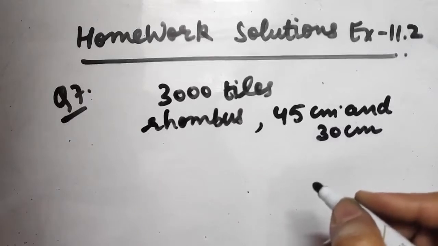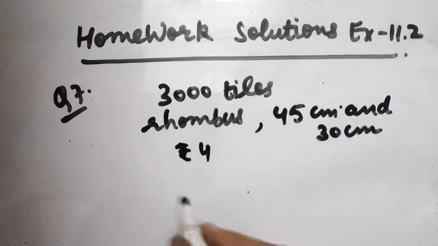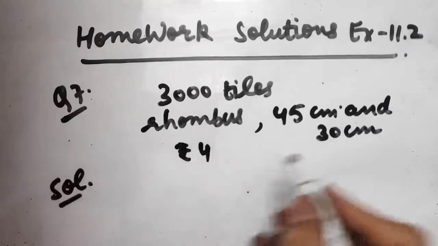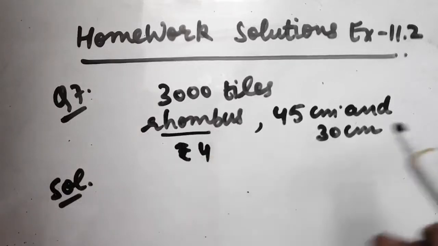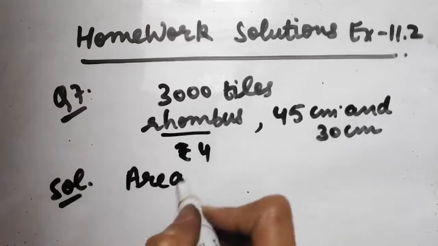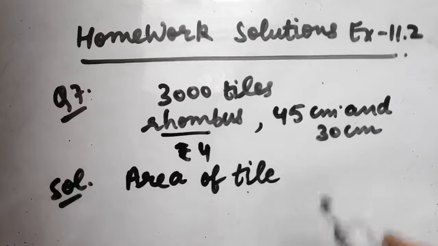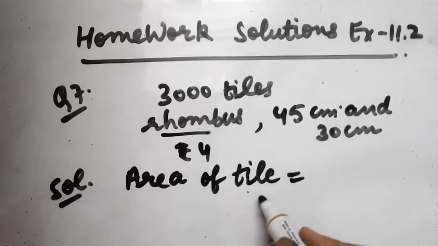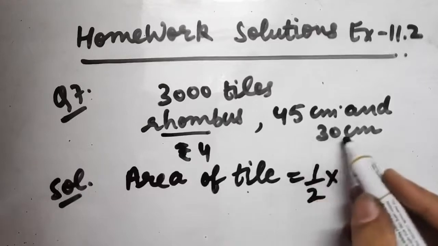Find the total cost of polishing the floor if the cost per meter square is rupees 4. So this is all what we have been given in the question. As the tile is in the shape of rhombus, we know the area of rhombus, or here according to the requirement, the area of the tile, or you can write area of rhombus shaped tile, is half into product of its diagonals.